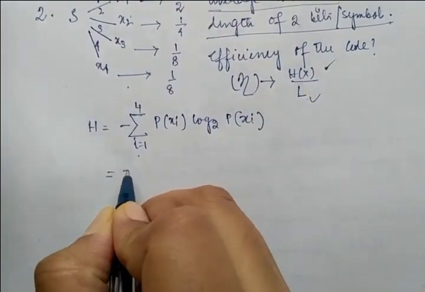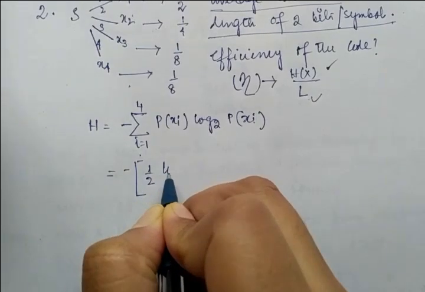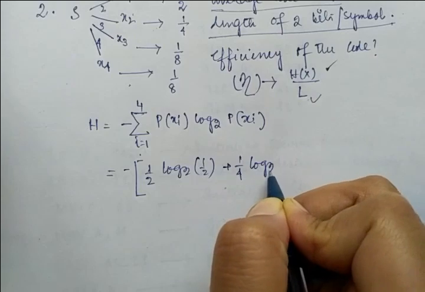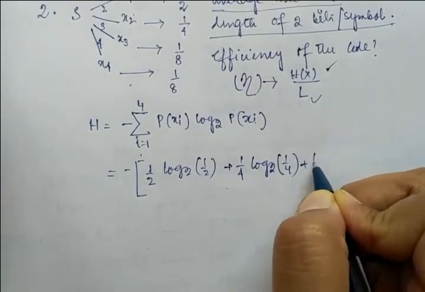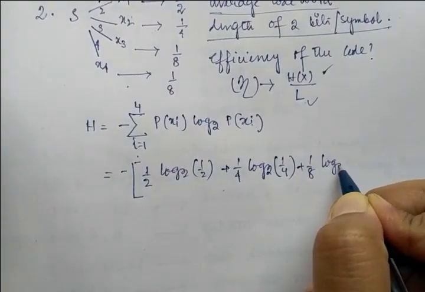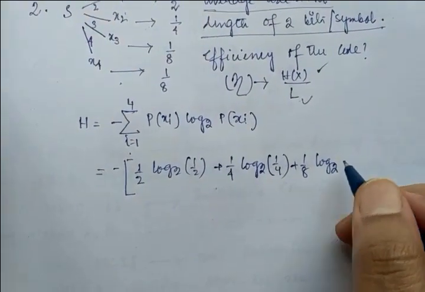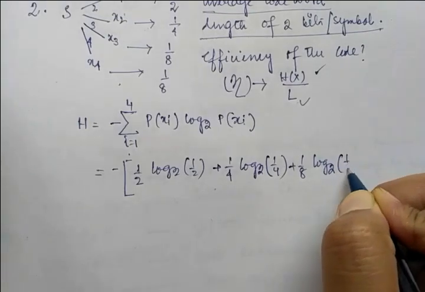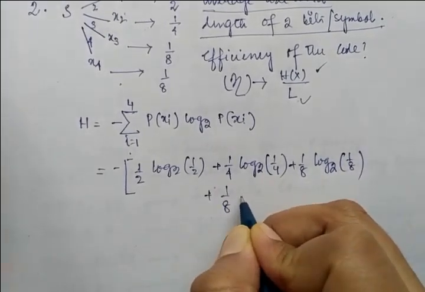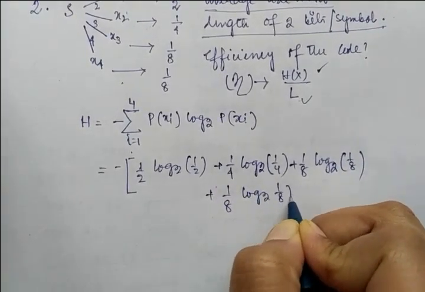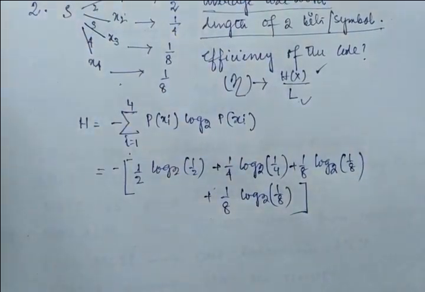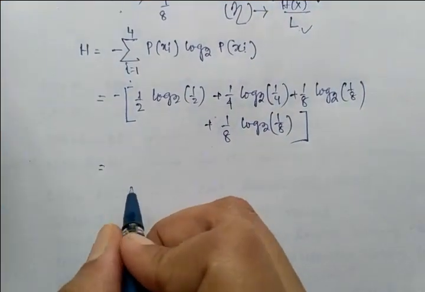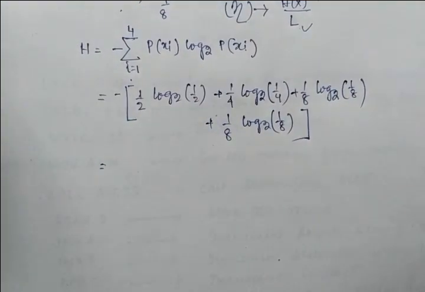So this becomes minus half log 2 half plus 1 by 4 log 2 1 by 4 plus 1 by 8 log 2 1 by 8 plus 1 by 8 log 2 1 by 8. The base will be 2 because we are handling binary data. But please calculate minutely, because there is a high probability of a wrong answer.